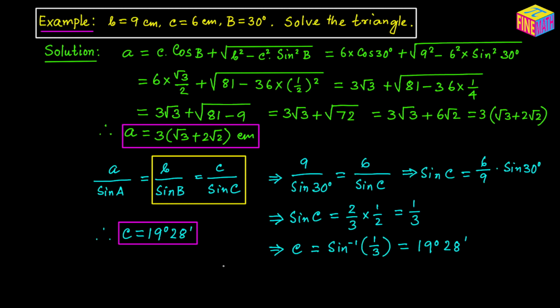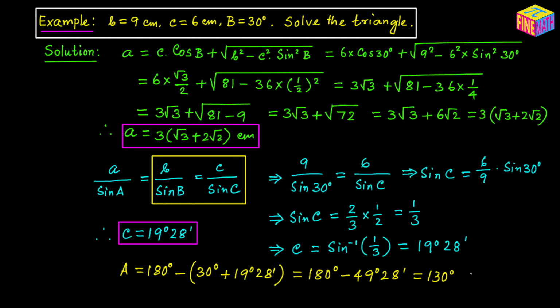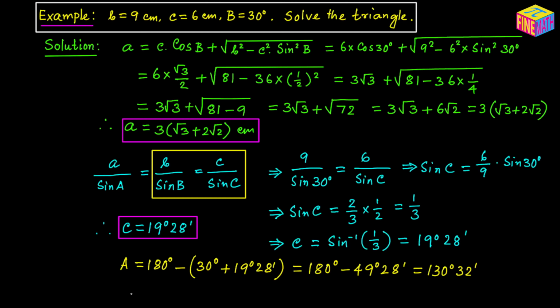And what will be the value of angle A? Well, clearly angle A will be equal to 180 degrees minus the sum of the angles B and C. Angle B has been provided as 30 degrees, and angle C now turned out to be 19 degrees and 28 minutes, so that is equal to 180 degrees minus 49 degrees and 28 minutes, and that will be equal to 130 degrees and 32 minutes. Therefore A is equal to 130 degrees and 32 minutes.